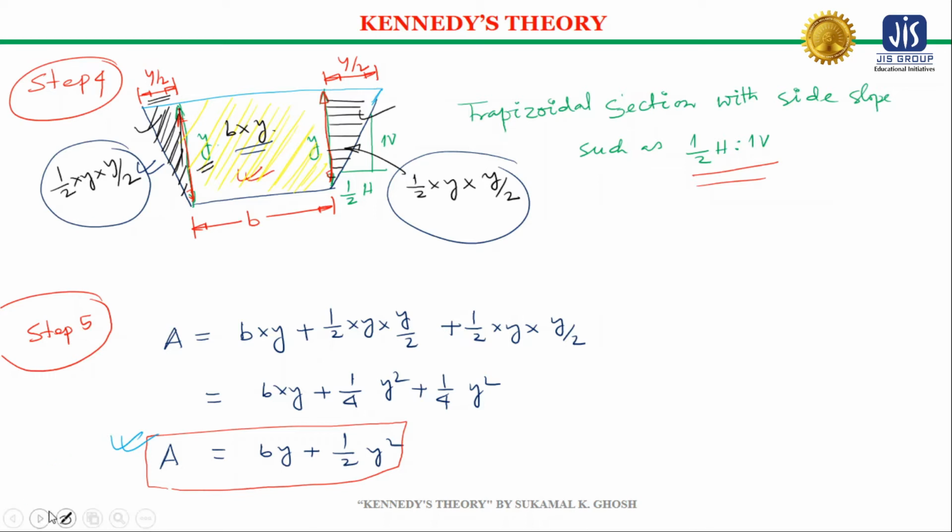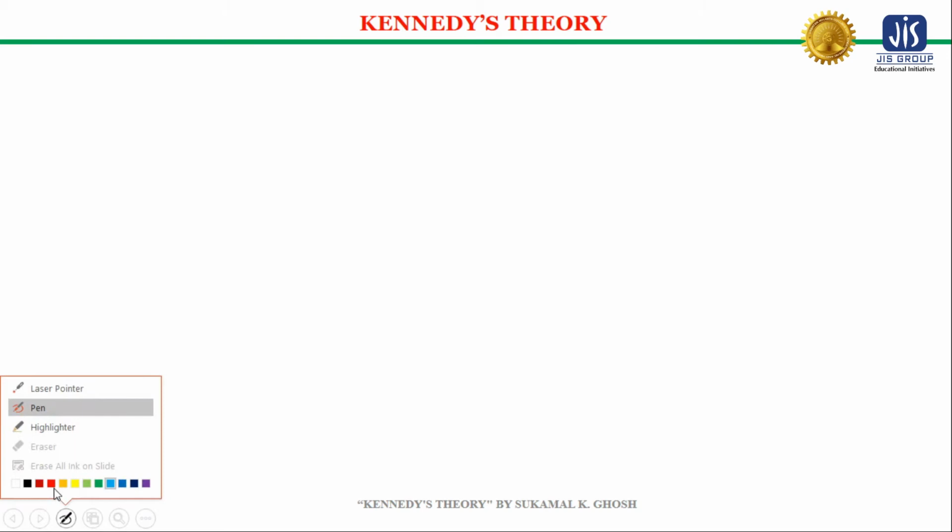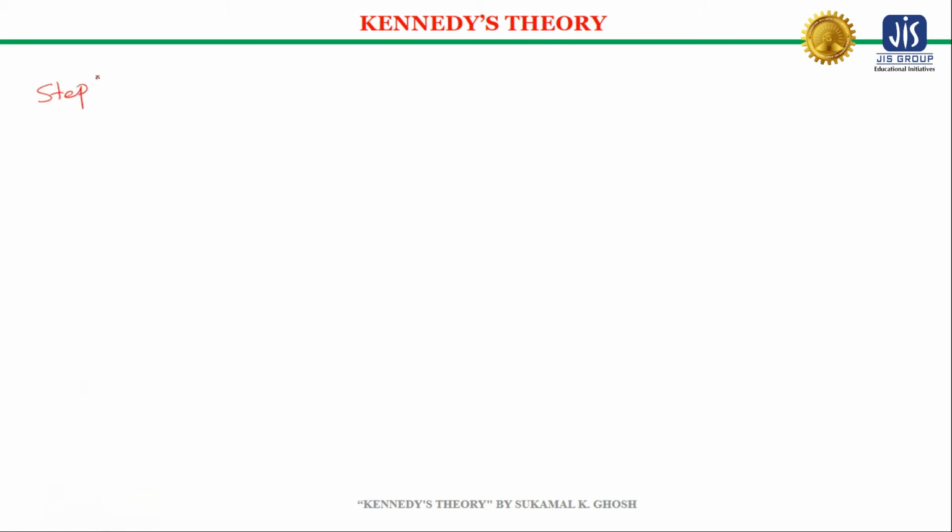Now, what was our step 6? If you recall, our step 6 was we need to equate the expression we have got in step 5 for area and the value of area that we have got in step 3.